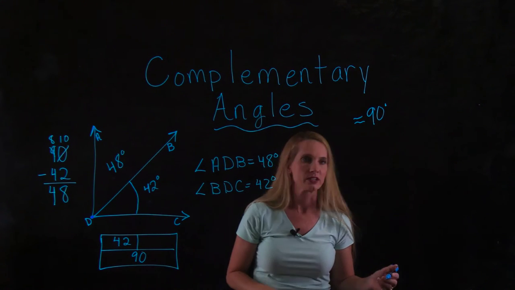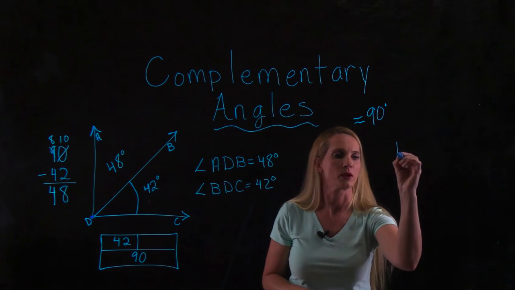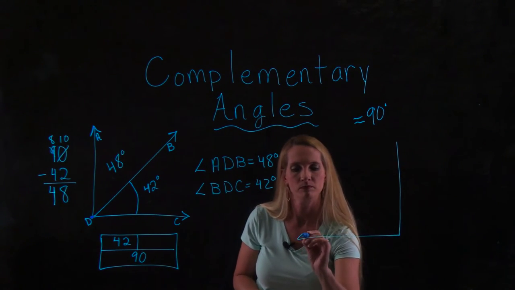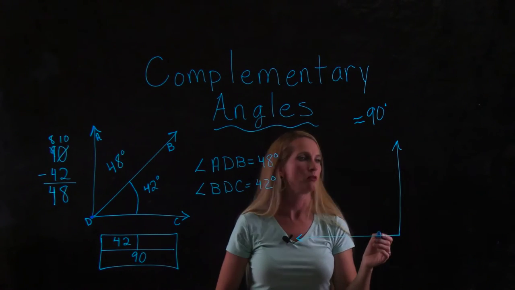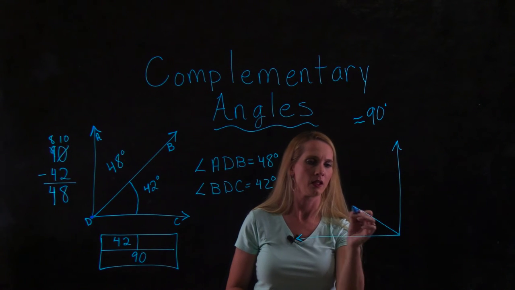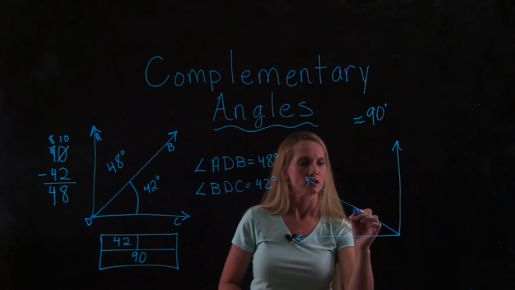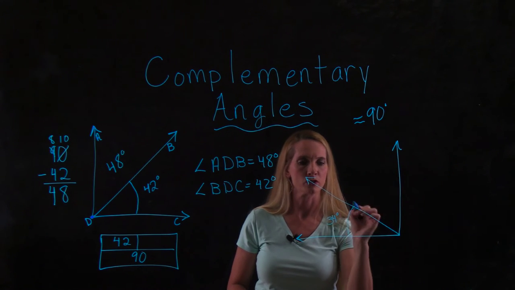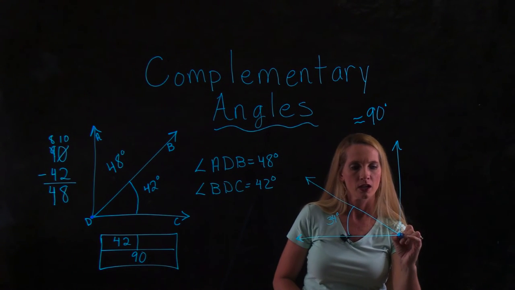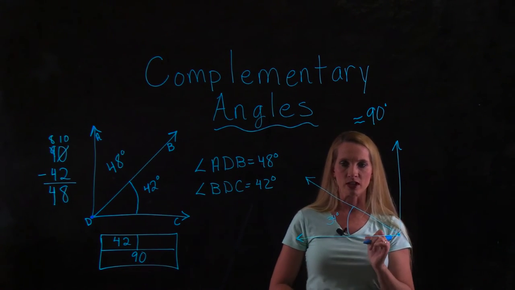Let's look at another example. I'm going to make it go this way this time. Another example may just be that this says 34 degrees. And again, they share the same vertex.